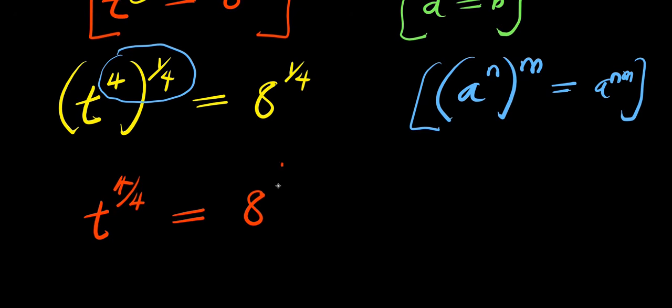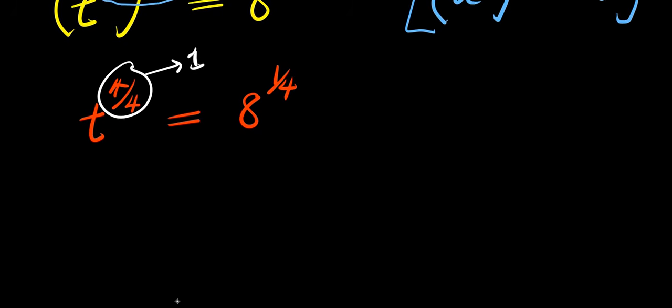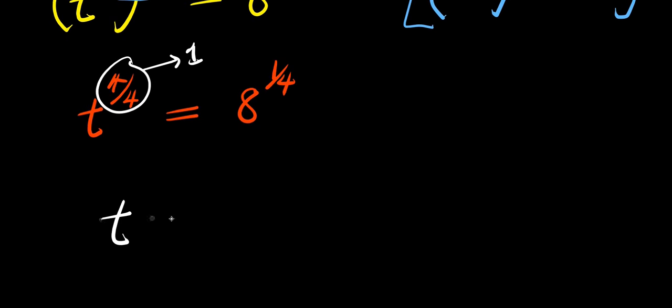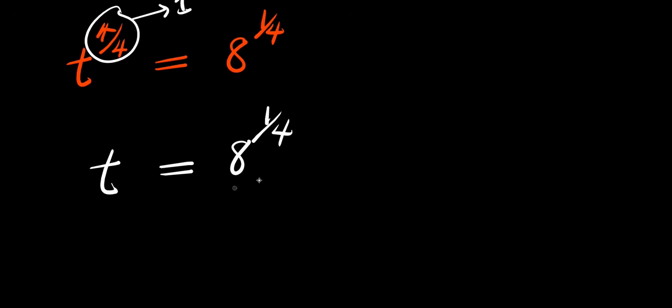And this equals 8 power 1 over 4. So if you consider 4 over 4, this will give you 1. So what we are having is simply t equals 8 power 1 over 4. Now, this is our answer.